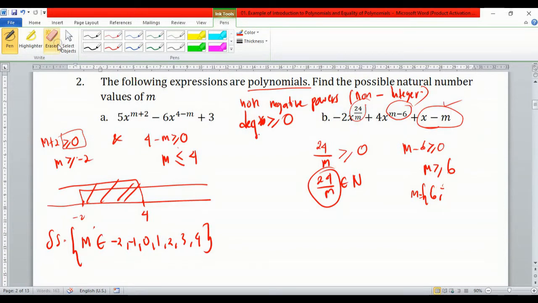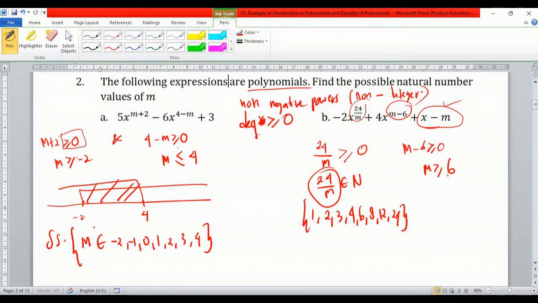Let me erase this first. What is the value of m if 24 over m is a natural number? 24 over 1 is a natural number, 24 over 2, 24 over 3, 24 over 4, over 6, over 8, over 12, over 24.